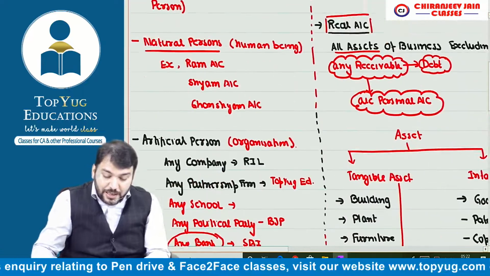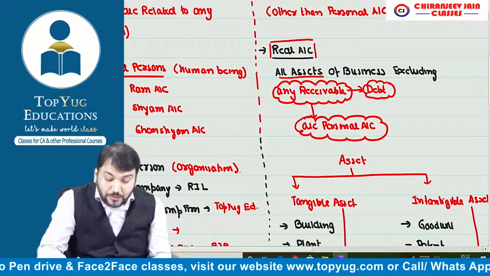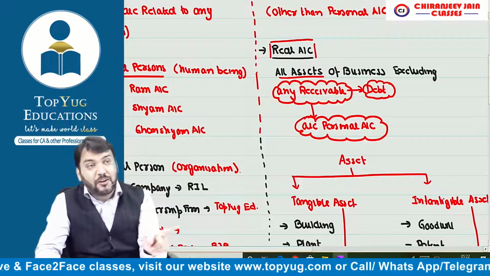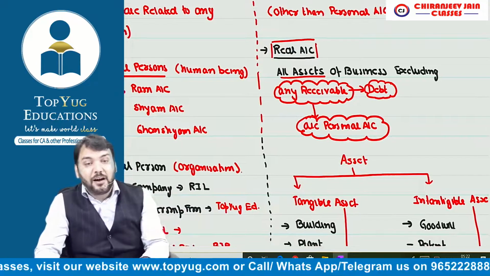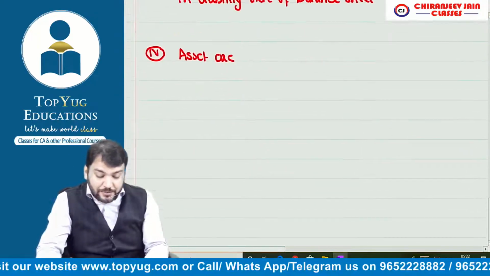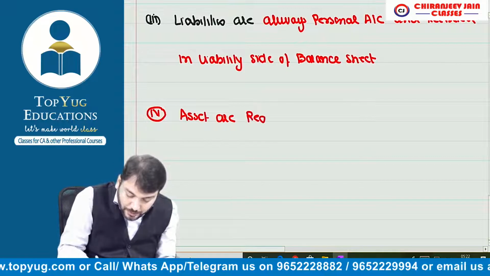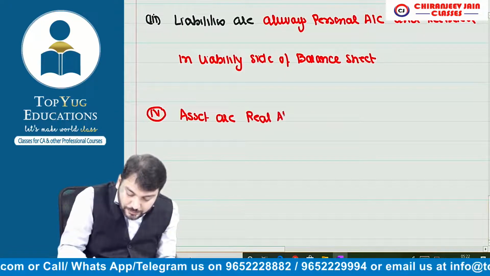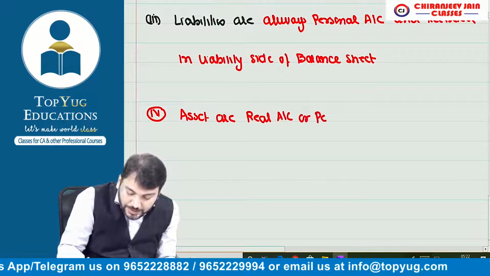What I said, check: real accounts are all assets other than personal accounts, means an asset can be a personal account also. For example, bank, you only said bank is an asset, but it is a personal account. So can you say assets are real account or personal account, correct?